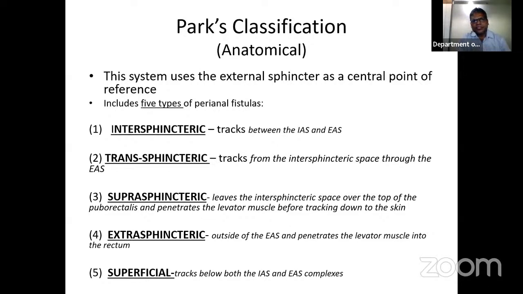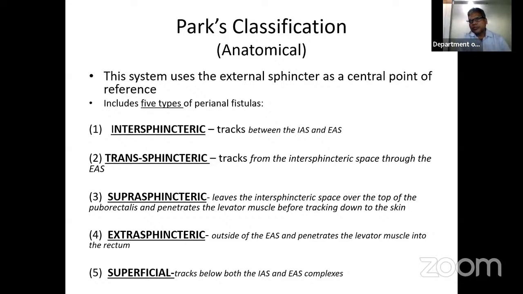Then you have a suprasphincteric, which leaves the intersphincteric space over the top of the puborectalis and penetrates the levator muscle before tracking down to the skin. Then you have an extrasphincteric one, which tracks outside of the external anal sphincter and penetrates the levator muscle into the rectum. And lastly, a superficial one, which tracks below both the internal and external sphincter complexes.